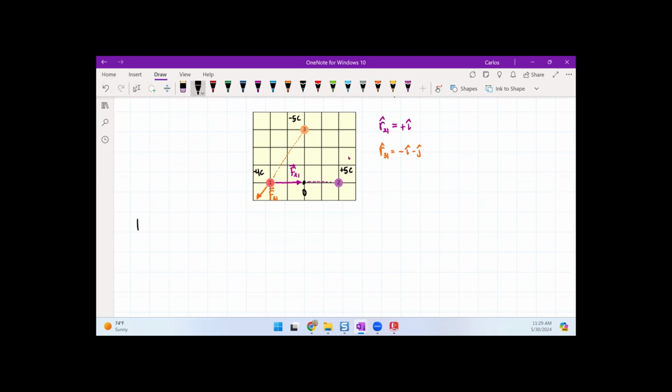I want to start with the displacement vector r21.